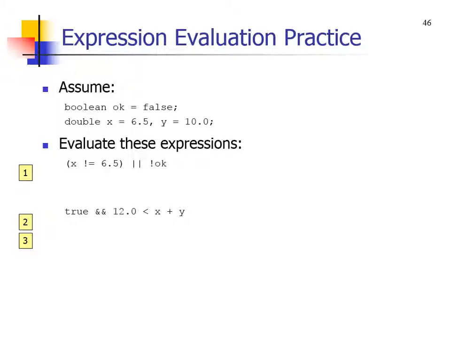True and 12.0 is less than X plus Y. Well, what's the first thing you do? Well, you got 16.5. No. Think about your logical operations. What's your order of precedence? Here's your hint.